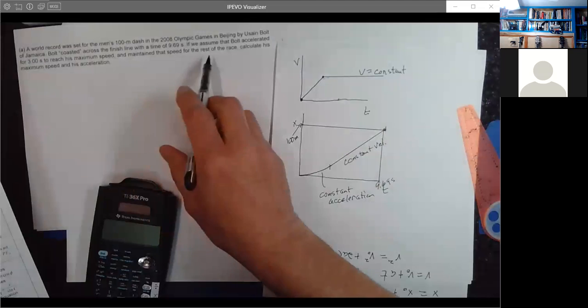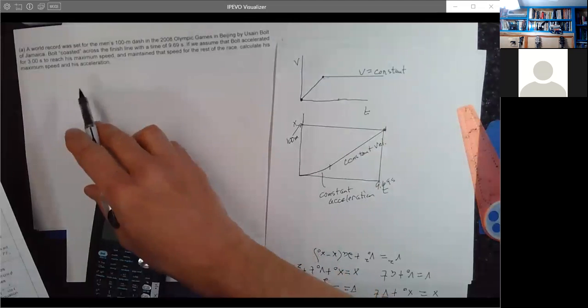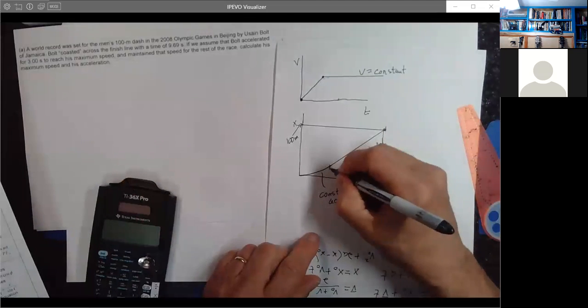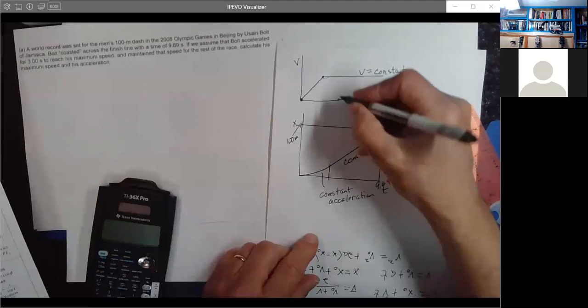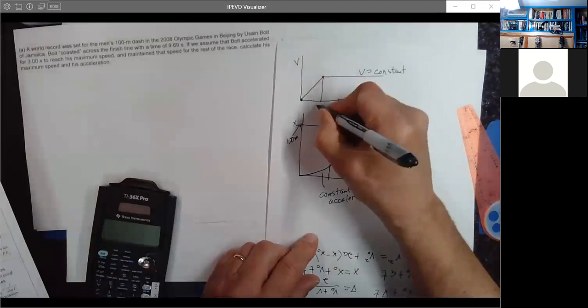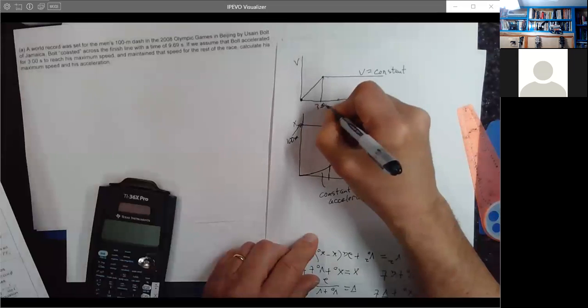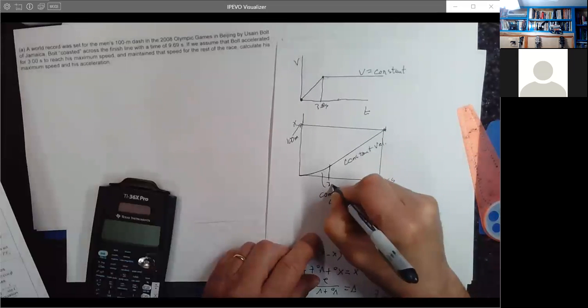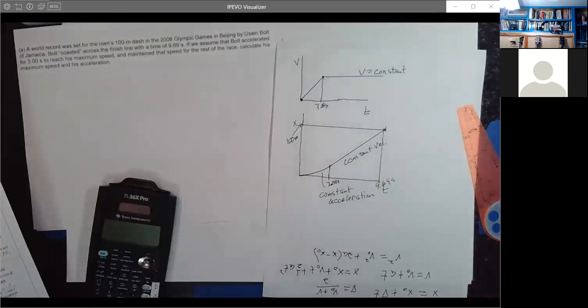And they said if we assume that Bolt accelerated for 3.00 seconds, so this is the acceleration part, 3.00 seconds.